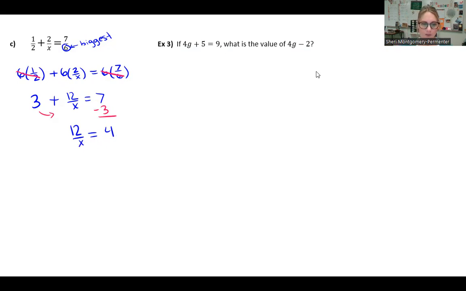These two things can switch places. So you can trade places there. What is 12 divided by 4? Yep. How could I check my answer if I wanted to? I could plug it in.